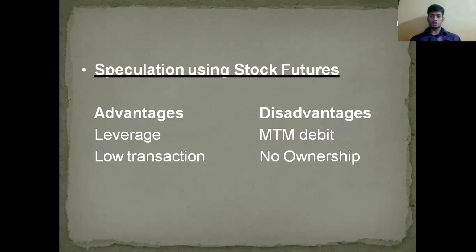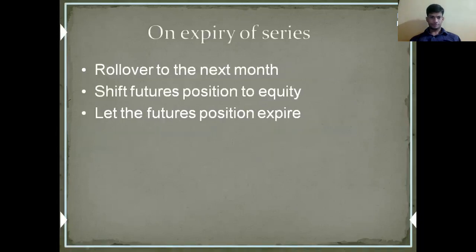Advantage and disadvantage of stock futures. The advantages are leverage and low transaction cost. But the disadvantages: MTM, mark to market, is debited, and there is no ownership. On expiry of the series, roll over to the next month.